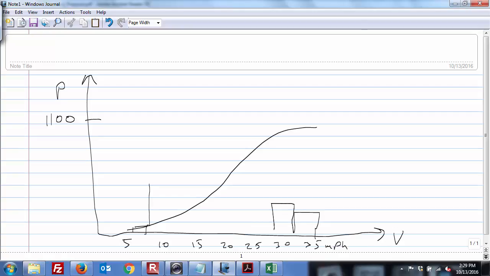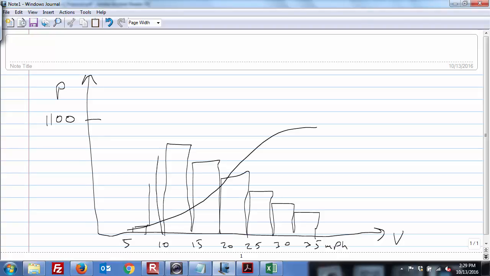Might blow at 30 a little more frequently, 25 a little more, 20 perhaps a little more. So this is kind of what we're looking at in terms of estimating the total wind. So here's basically 0 to 5 miles per hour. This is most of the time.